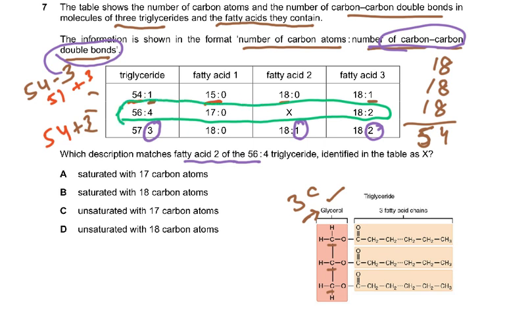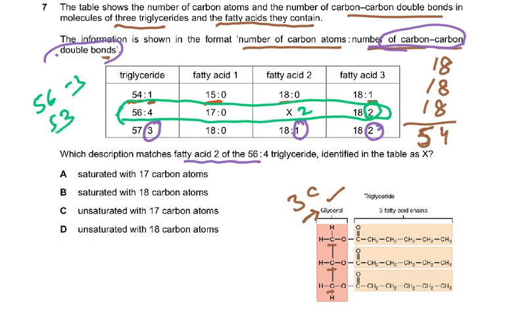which is a 56 and a 4. So the first thing you see is this is a 2 here. So there has to be a 2 here. So that means it's not saturated, it's unsaturated. And then 18 plus 17, and then you have 56. So 56. Now let's clear up all this and let me show it to you here again on another scale. So 56 minus 3 will be, so the total should be 53. Now we have a 17 here.